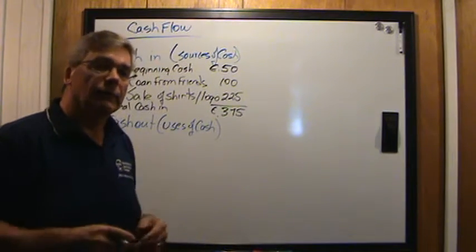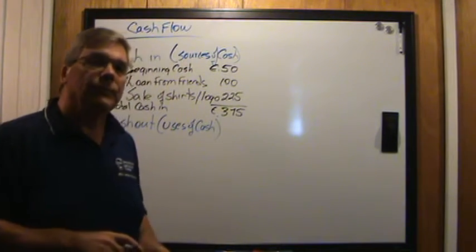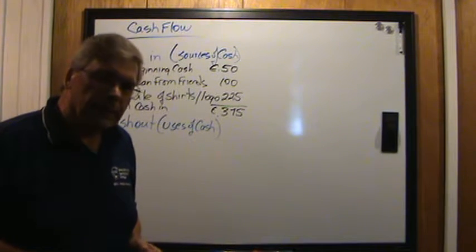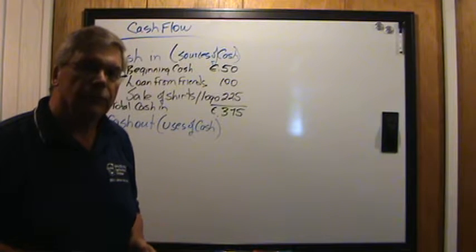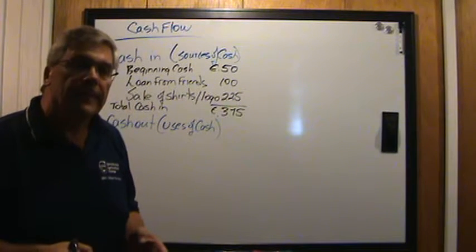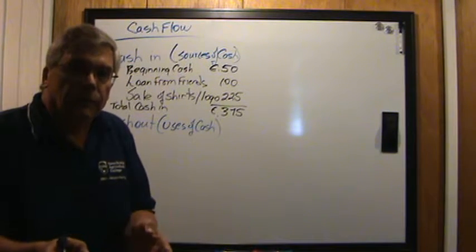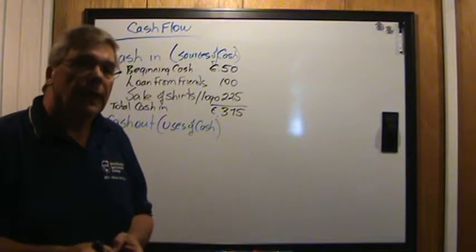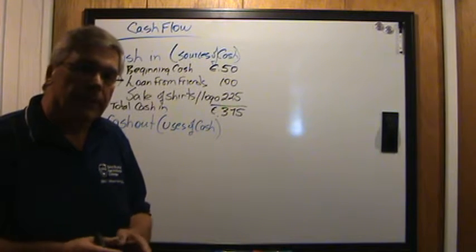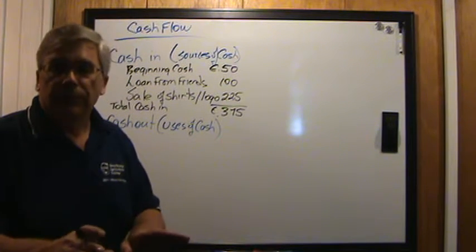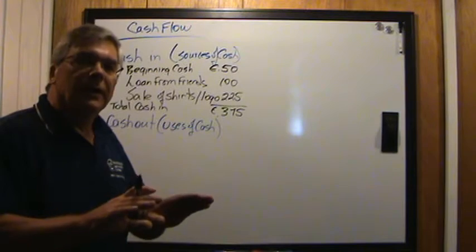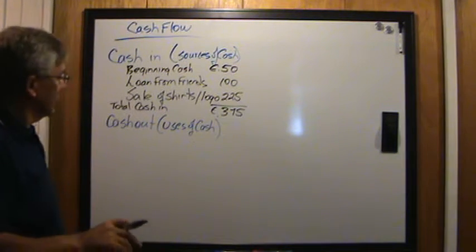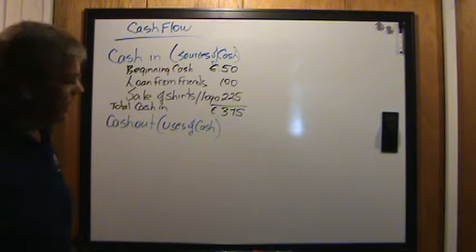This is what they have either spent in the business, or if the owners decide to withdraw some money from the business to use for personal purposes, then we also have to take that into account. Repayment of loans is also a use of cash. So there's a number of things that we need to consider, but in this simple 2-day exercise, there's not very much going on. So cash out, what did they use the cash for?